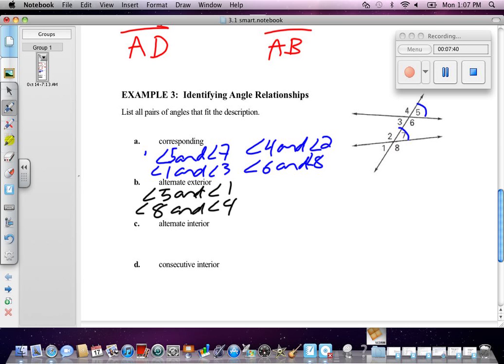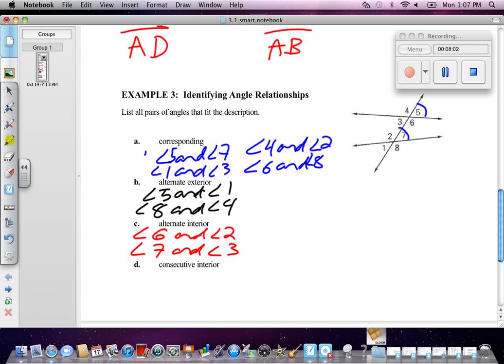What about alternate interior? 2 and 6? 6 and 2, good. What else? 7 and 3? 7 and 3. Okay, and consecutive interior. So it's on the same side right next to each other. Yes, Nathan.